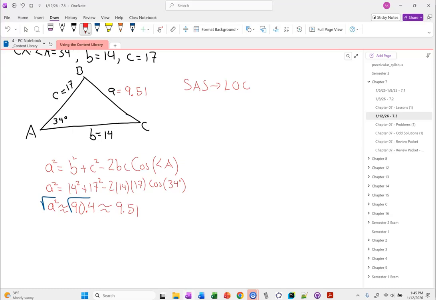The order that I'm going to give you to do these problems, the side angle side and the side side side, is the order to avoid having to worry about the side side angle situation. Because we just got done doing that and that was a mess, right? None of us want to have to do that any more than we really have to, correct?